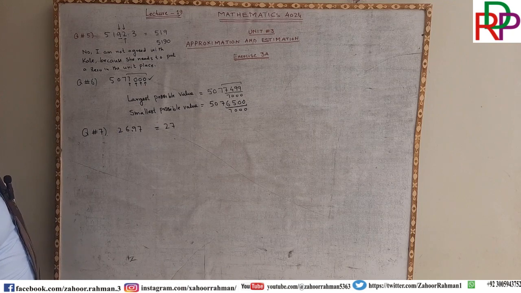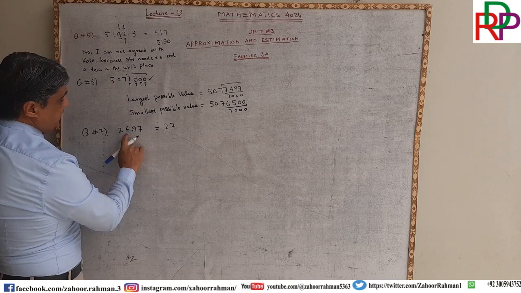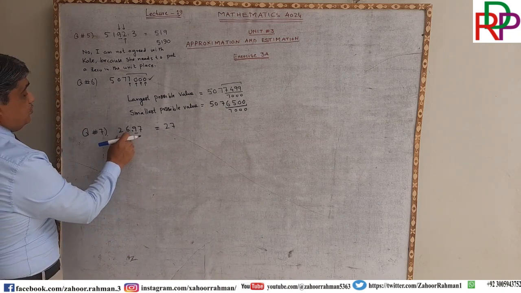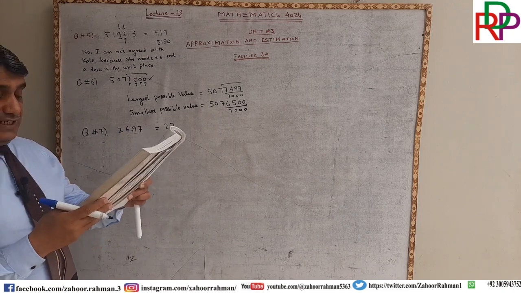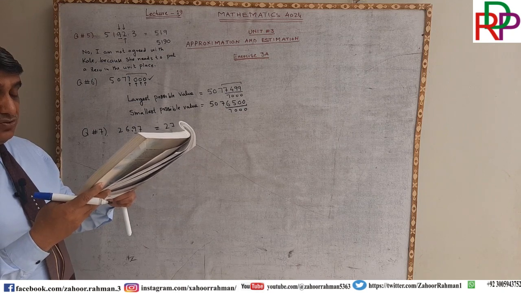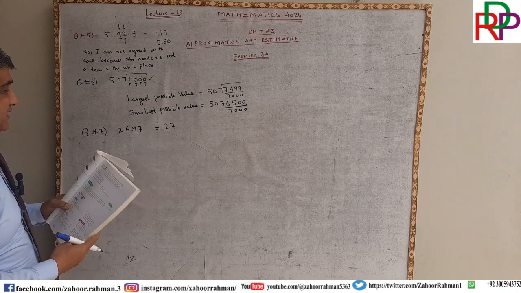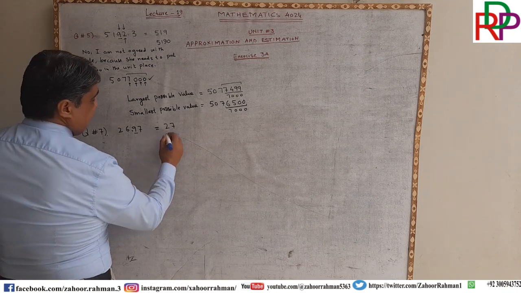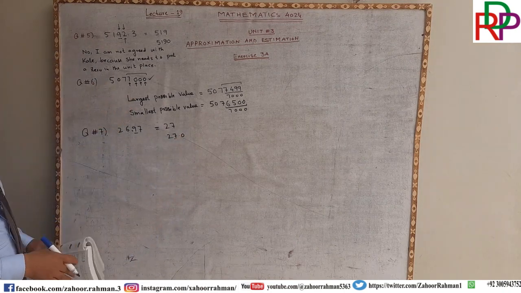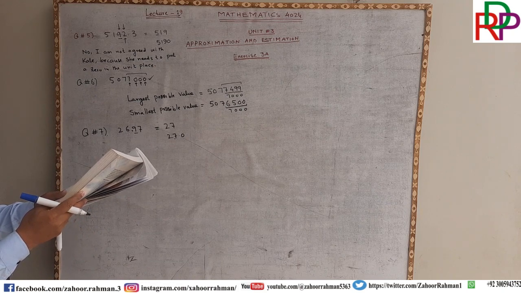So Farhan is saying that if we are rounding this value to one decimal place, then it is equal to 27. Let's see what the question is saying. He thinks that 27.0 is the same as 27. Do you agree with him?